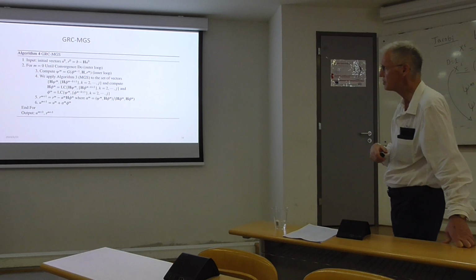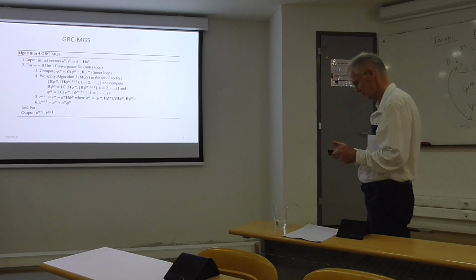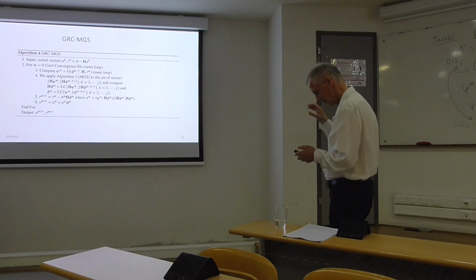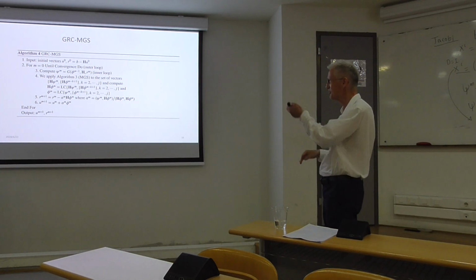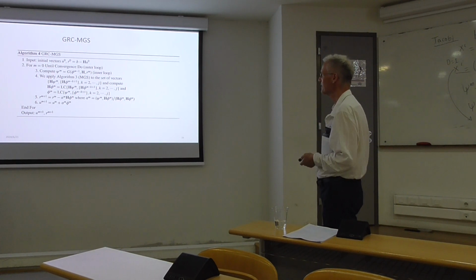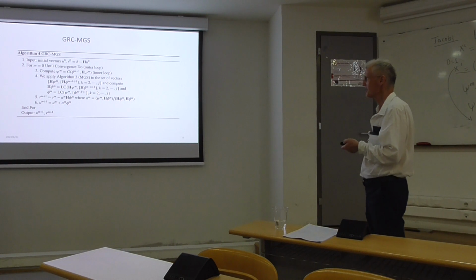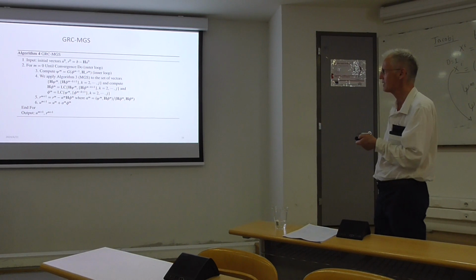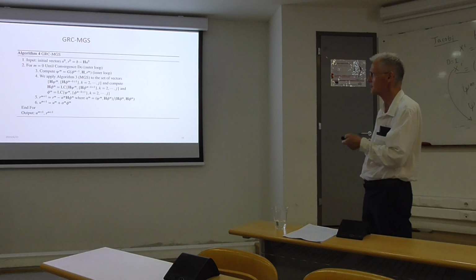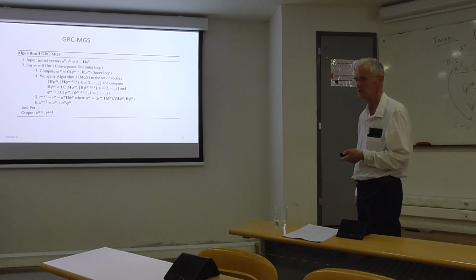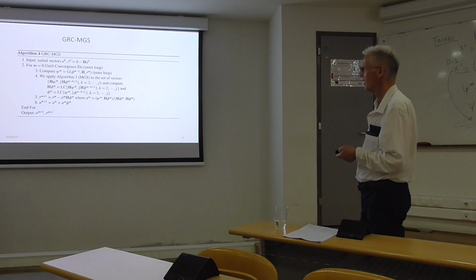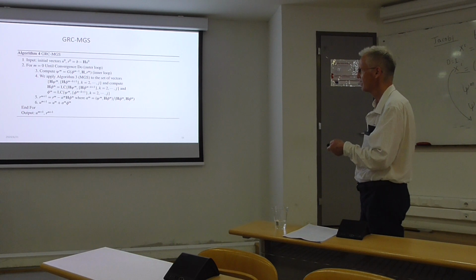And we come to this algorithm now. So this is GRC-MGS, which is a stable version of the algorithm. We have the initial vectors for the solution and the initial residual, and then the outer loop.